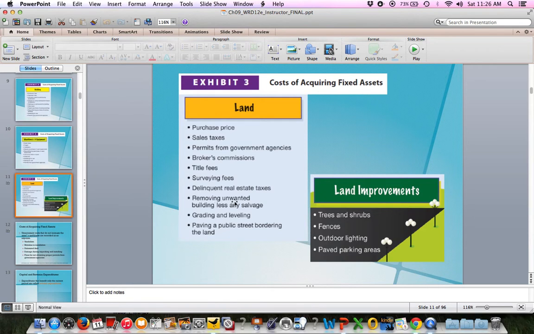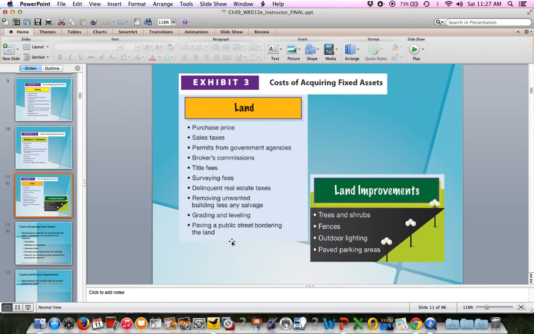Let's say salvage on that building from, if you buy a lot with an old building on it and you intend to knock that building down and put something else there, that land cost of getting it ready to use would include knocking down that old building, grading it, leveling it. Sometimes you have to pay for roadways, sewer, sidewalks, things like that. That might be a part of the purchase price. Land improvements are a little bit different.